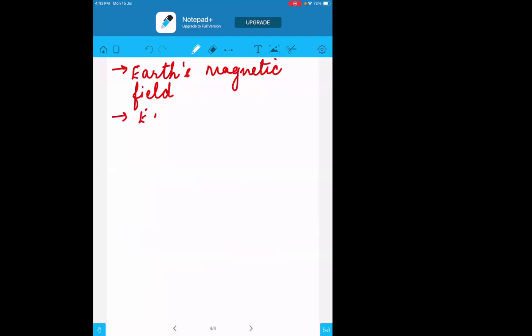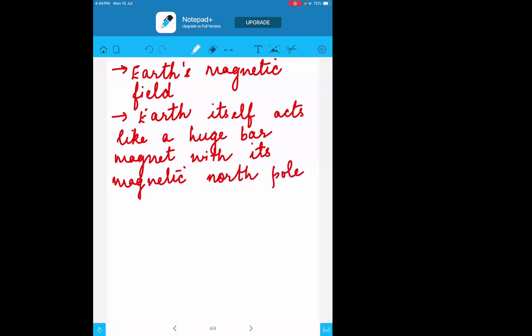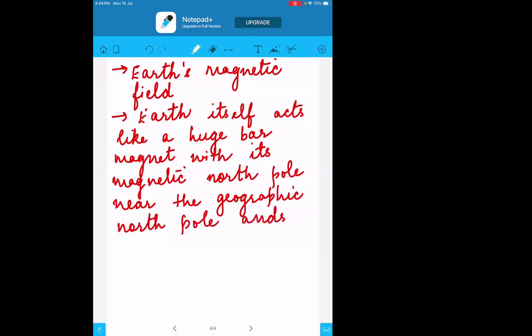If I talk about the Earth, Earth itself acts like a huge bar magnet, with its magnetic north pole near the geographic north pole, whereas its magnetic south pole is near the geographic south pole.